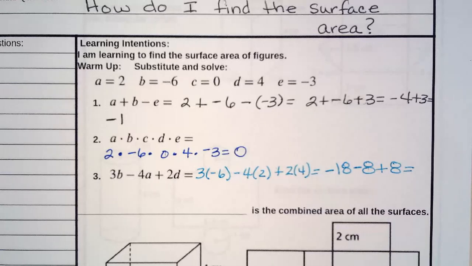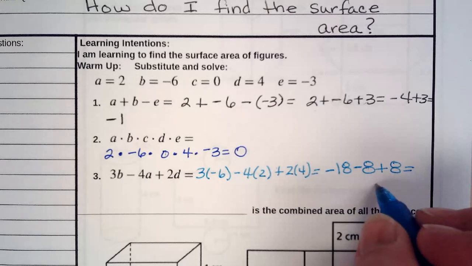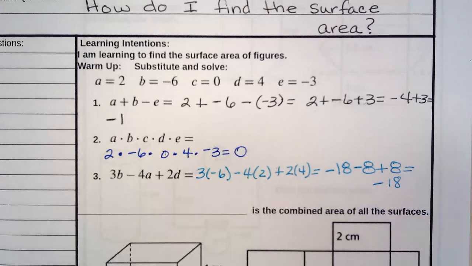Okay, if you're looking, you're going to subtract 8 and then add 8 back in. Negative 8 plus 8 is 0. Negative 18 minus 0 is negative 18, and we're done. So I hope that the substitution was very easy for you, and just a review.